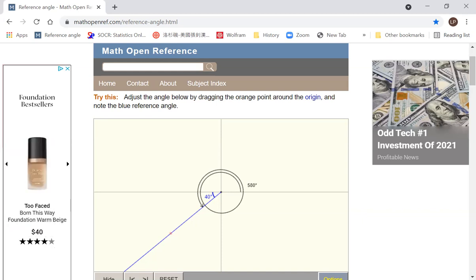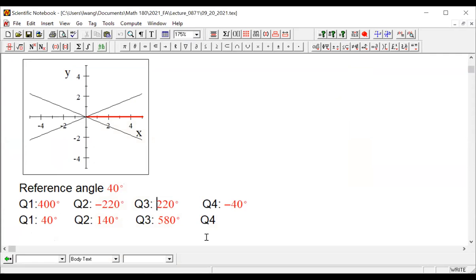Does everybody get it now? Kind of. It looks like we still have questions. So is 580 degrees the right answer? It is, right? Thank you, Farouz.